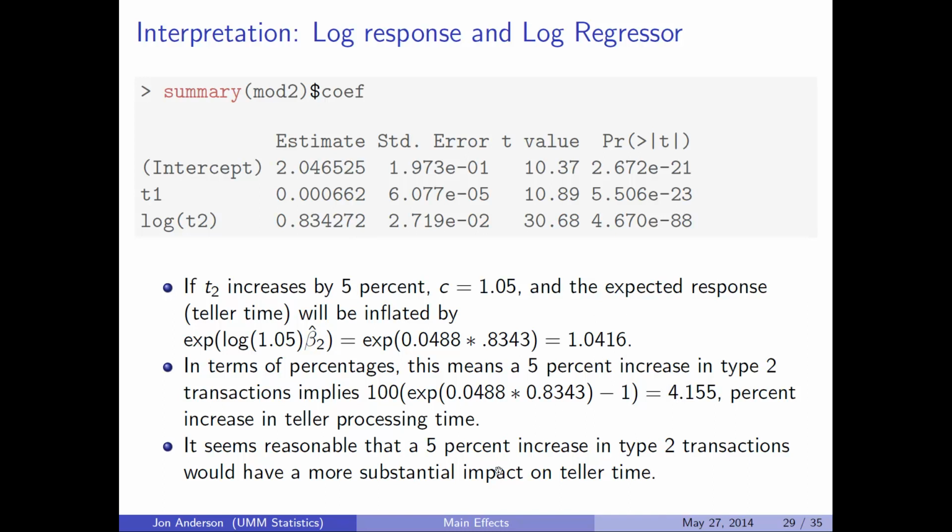And in terms of percentages, a 5% increase in Type 2 transactions is going to result in a 4.16% increase in teller processing times. And I think it's reasonable to think that 5% more Type 2 transactions would increase the teller time by nearly that amount, almost a 5% increase as well. After all, it takes time to process transactions.